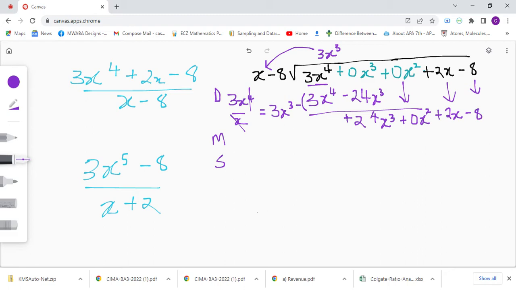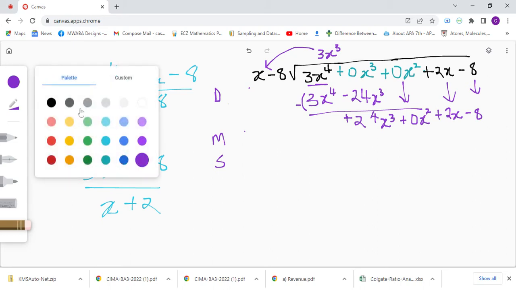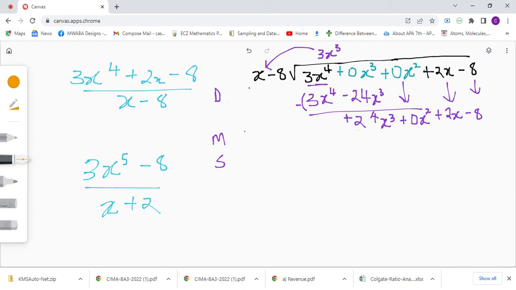So we'll repeat the process again. We divide, multiply, and subtract. We start again. We divide 24x cubed by x, and we remain with 24x squared.